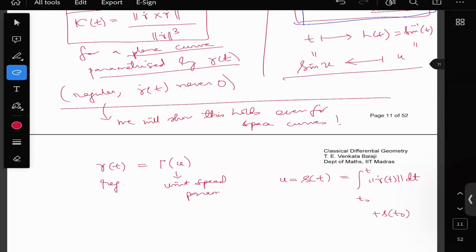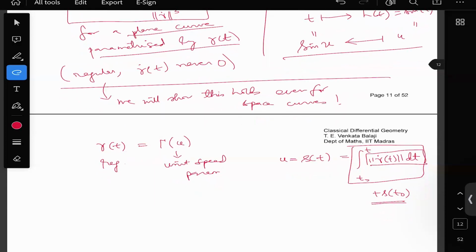Because the thing inside is ds, and the integral of that will be s between the upper and lower limit. So you will get s of t minus s of t naught, and therefore I have to add this s of t naught here. So the moral of the story is that u can be this, and you can also take u to be minus of that, or u equal to minus s of t.